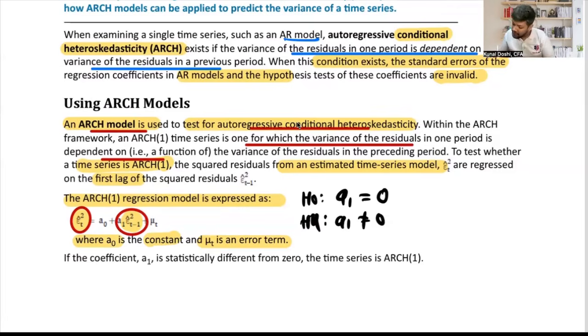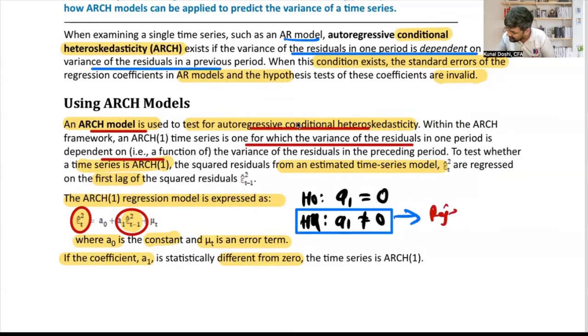If the coefficient A1 is statistically significantly different from 0, and first of all, if A1 is equal to 0, guys, then the error is not dependent on the previous one, right? But if it is statistically different from 0, it means I will reject the null.